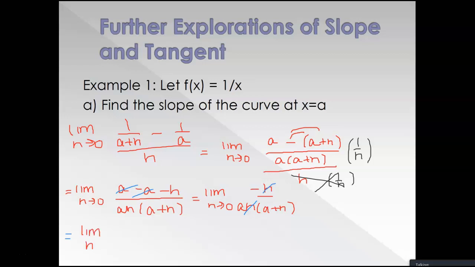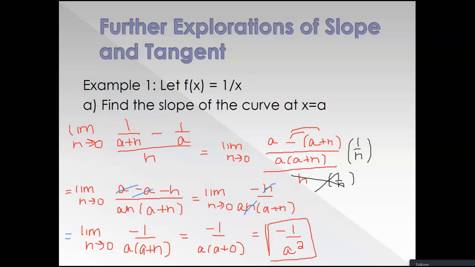That leaves you with the limit as h approaches 0 of negative 1 over a times a plus h. Now that we can plug in 0 for h, you get negative 1 over a plus 0. Well, a plus 0 is a, that's the additive identity. So you get negative 1 over a squared.